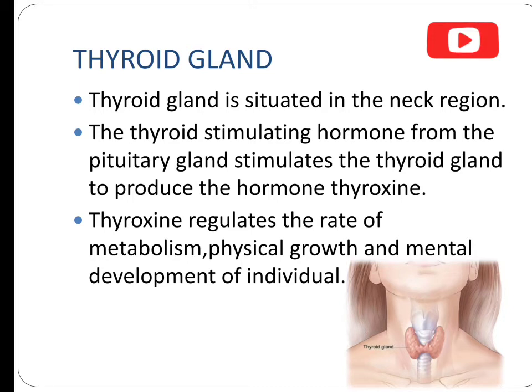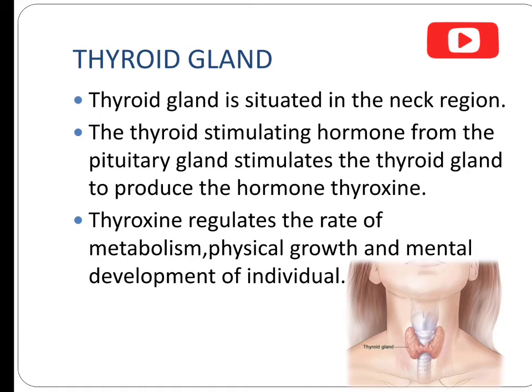This thyroid gland is situated in the neck region. You can see here in the picture where it is situated, and the thyroid stimulating hormone from the pituitary gland stimulates the thyroid gland to produce the hormone thyroxine.